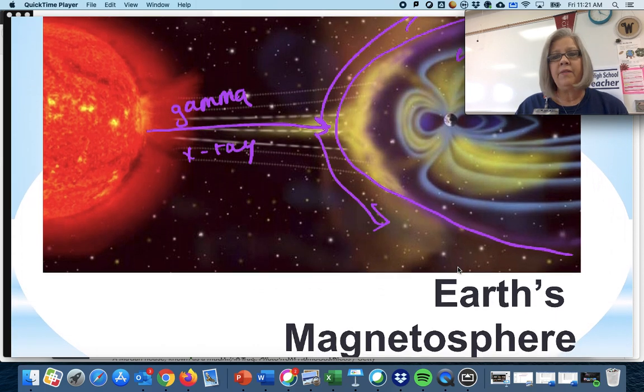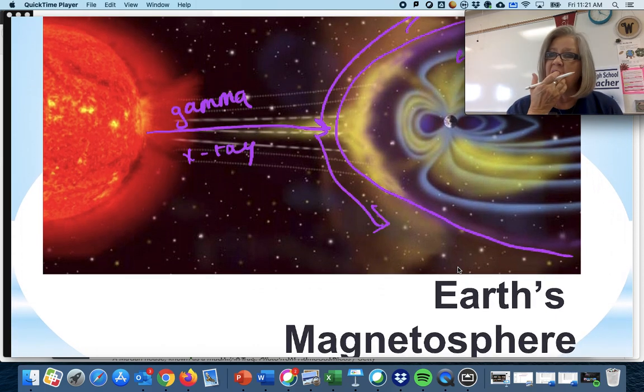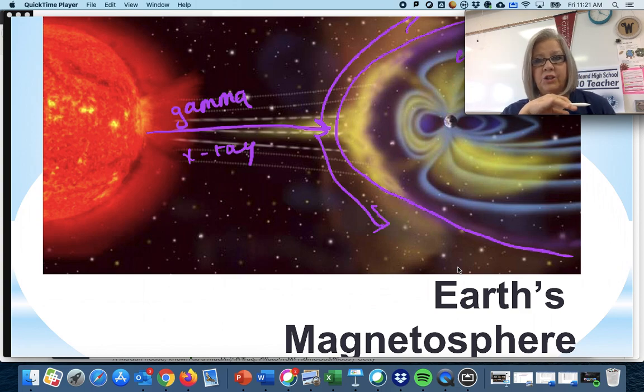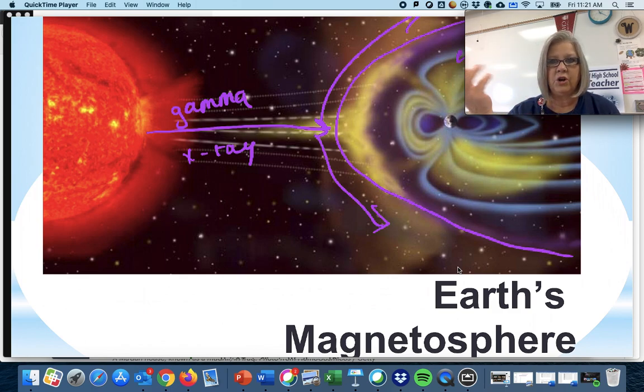Now, Earth is not the only one with a magnetosphere. The big gas giants out there all have really strong magnetic fields, so they're giving off lots and lots of charged particles. And the Earth is the only one of the terrestrial planets, the interior planets, that has a magnetosphere.